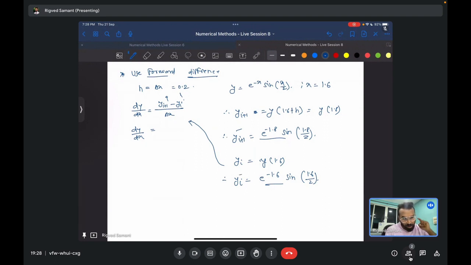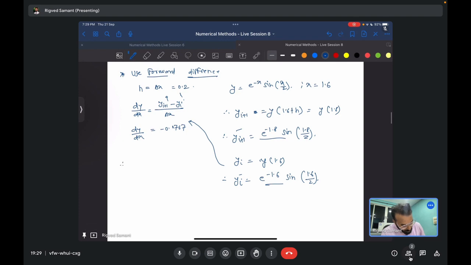So you will get the final value as minus 0.0767. This will be your y dash.